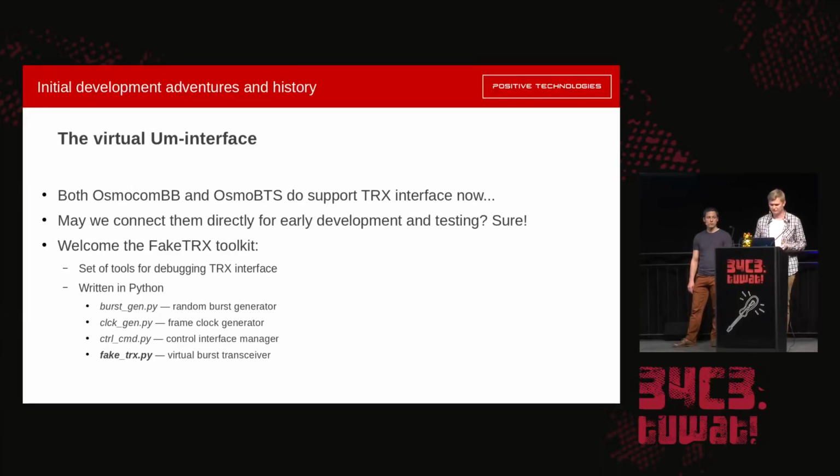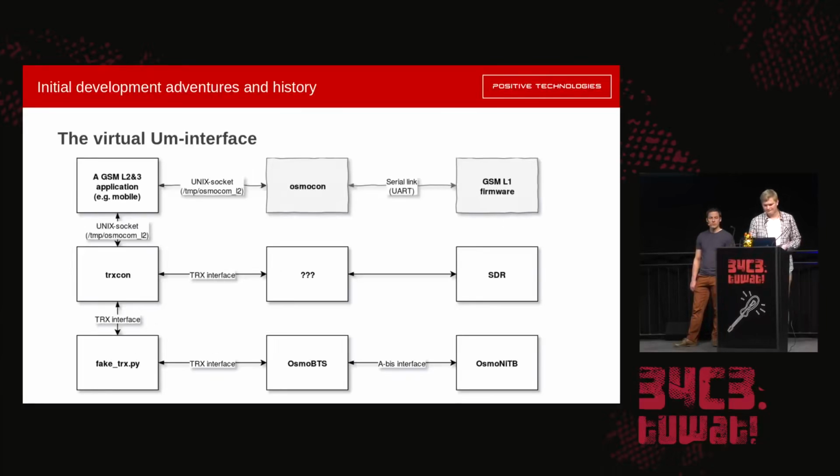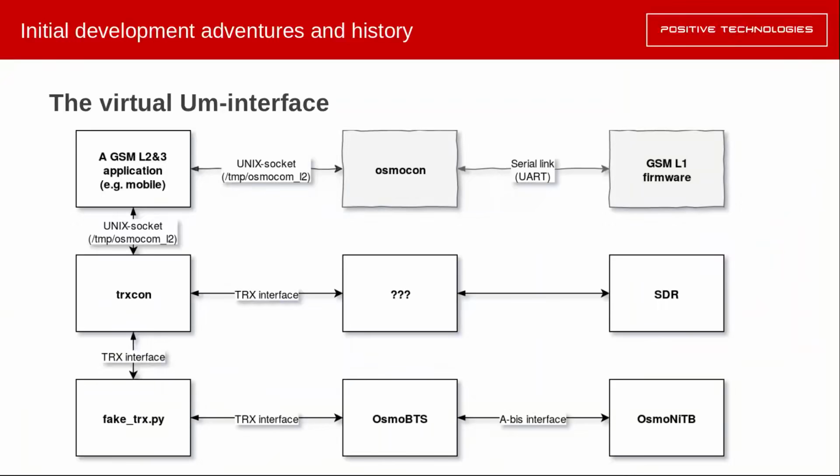And yes, of course, we can do that. So welcome Fake TRX Toolkit, a set of tools written in Python and mostly used for debugging the TRX interface. The most interesting application here is Fake TRX. It allows you to connect TRXCon directly to the Osmo BTS application.